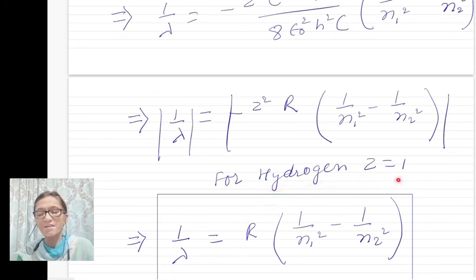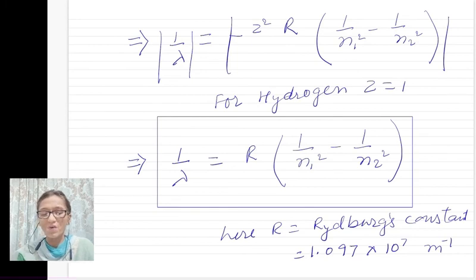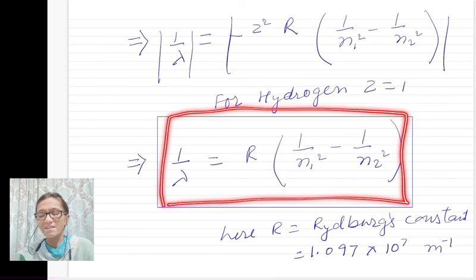For hydrogen, Z atomic number is 1. So 1 by lambda comes equal to R into 1 upon n1 square minus 1 upon n2 square.